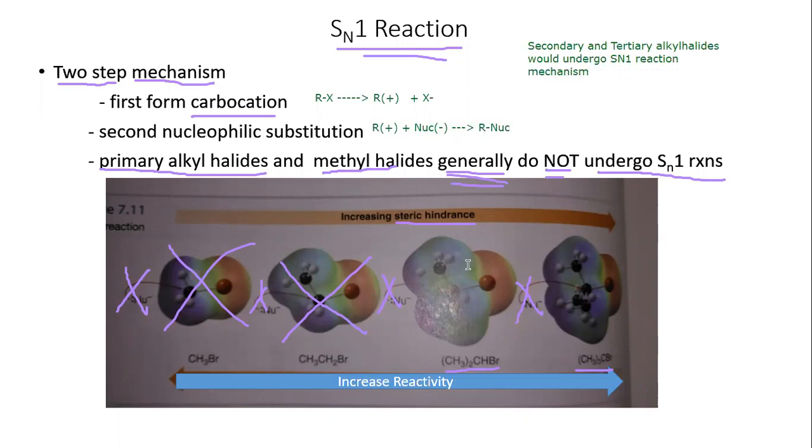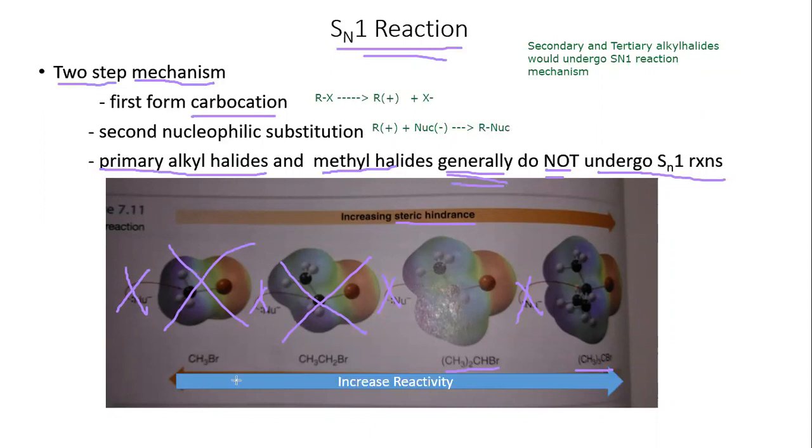So if you see a secondary or tertiary alkyl halide, the mechanism you're going to write for it is a two-step mechanism. In the first step, you form the carbocation. In the second step, you have the nucleophilic substitution.